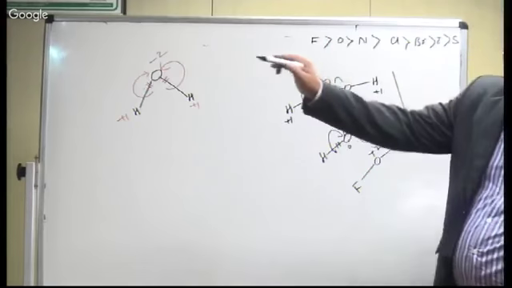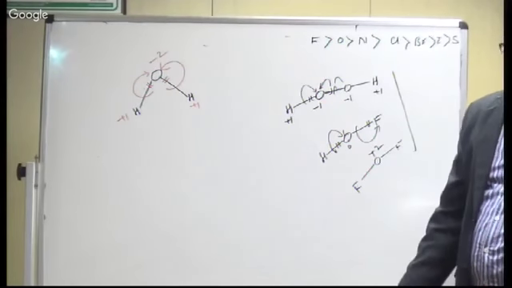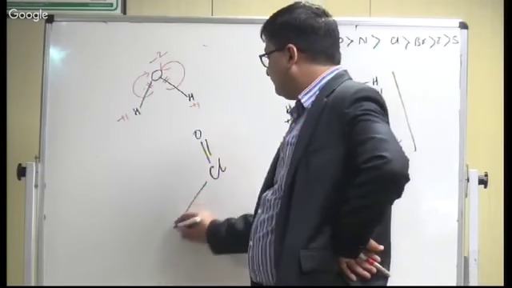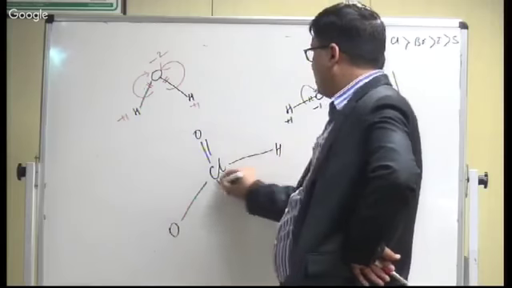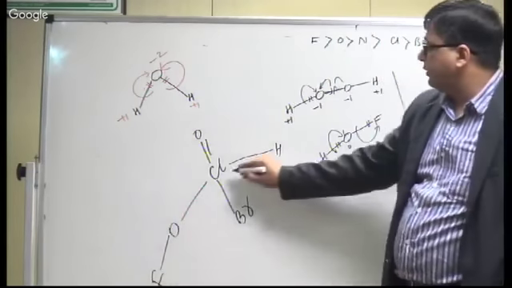So if I give you the structure of these oxides, you can calculate the oxidation state. For example, if this is chlorine, double bond O, OH, bromine, this is fluorine. What is the oxidation state of this chlorine?